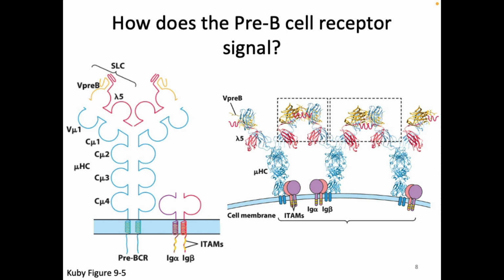So remember that in order to make that heavy chain, we had to put together a V, a D, and a J segment, right? And then we also had the addition of P and N nucleotides. We also maybe had some exonucleolytic cleavage.